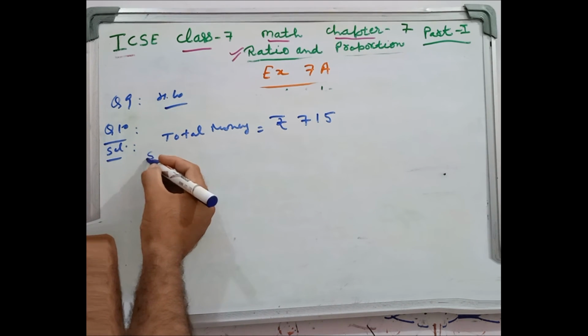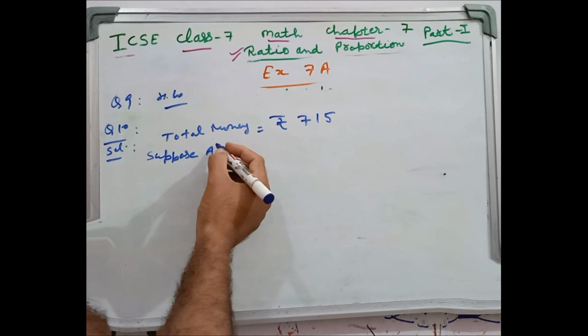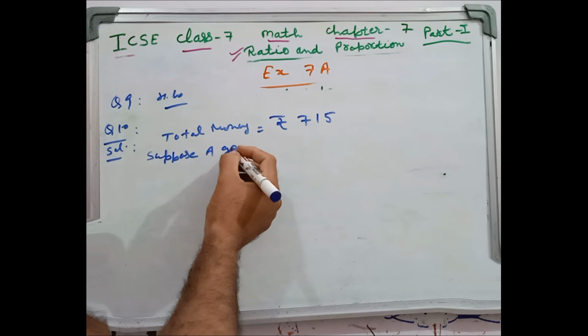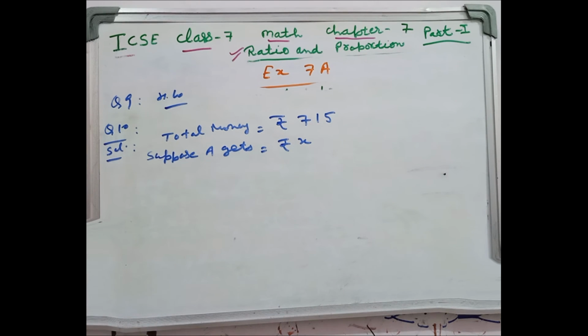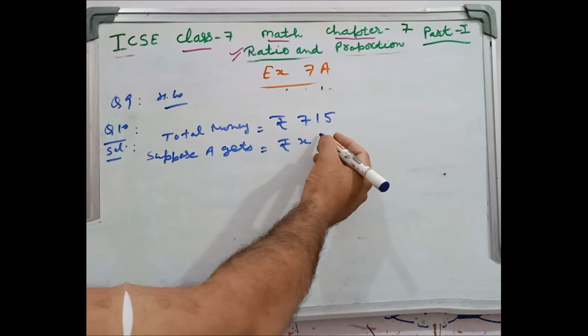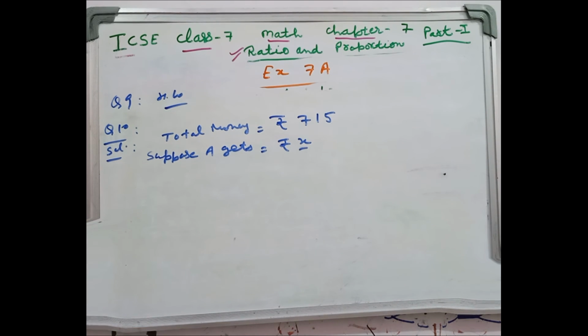Now suppose A gets rupees x. Now he is saying divide money in such a way that B gets 3 times as much as A and C gets half as much as B. So B is related to both. Here for B's share we have to assume A's share that we have taken as rupees x.